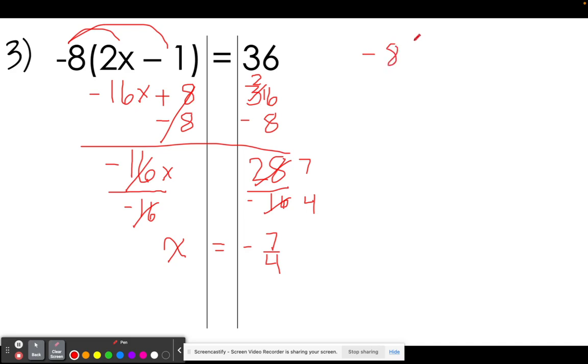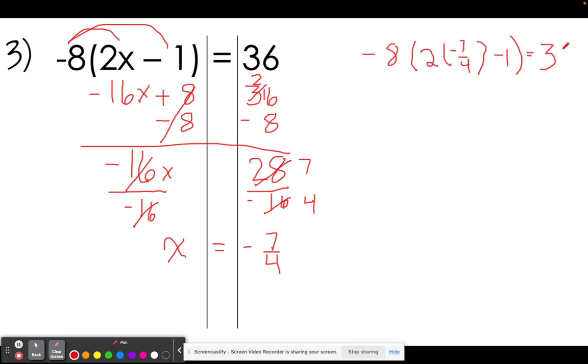So I have negative 8 times 2, and my x was negative 7/4. And minus 1, close those parentheses, and decide equals 36.